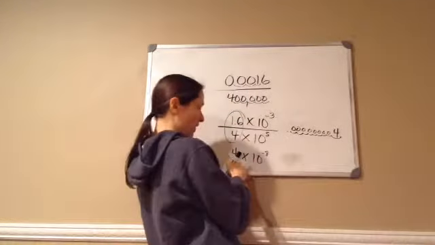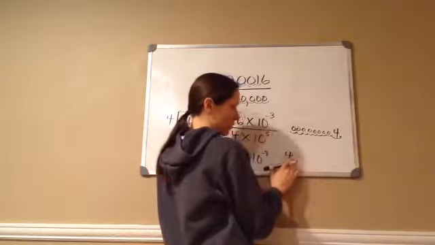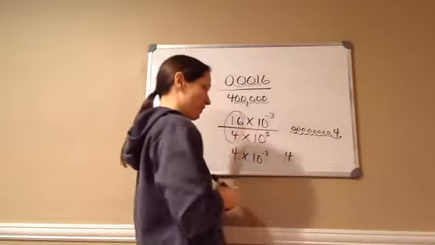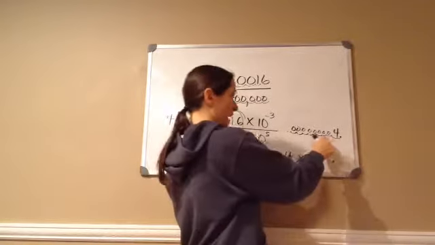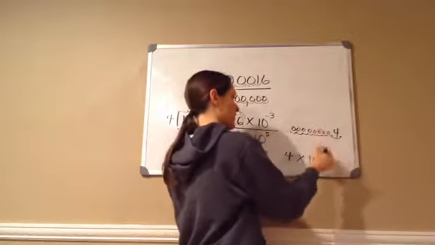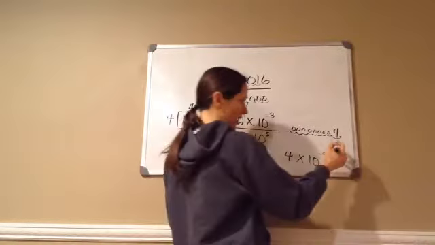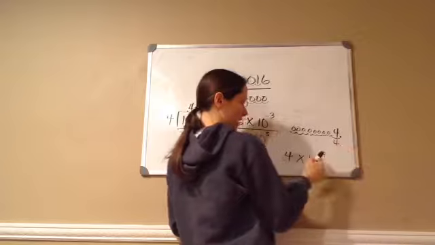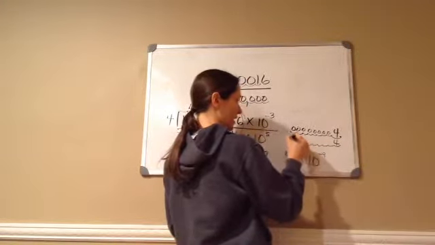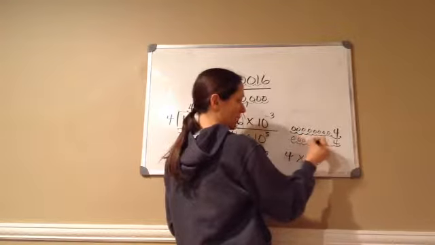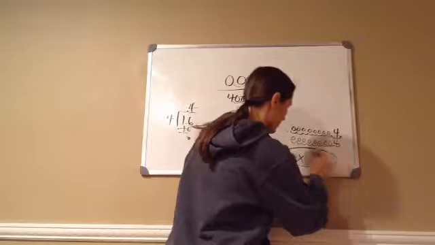So this 0.4 becomes 4 point, which you don't have to write because the point's there even if you can't see it, times 10. Instead of it being negative 8 spots, we went negative 9 spots, okay? And I can check it out, 4 point, and then go negative 9, 1, 2, 3, 4, 5, 6, 7, 8, 9. And as you can see, we are exactly right. Okay? So it's always helpful. This would be the final answer.